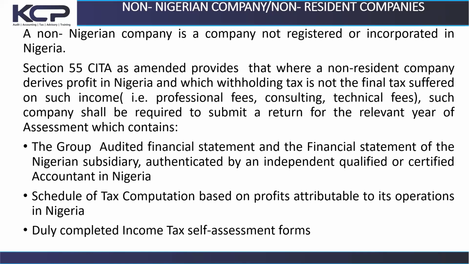Okay, let me explain again. Assuming Google does not have a business place or a PE in Nigeria. PE means permanent establishment. If they don't have the Nigerian version or Nigerian incorporated entity for Google, so let's just assume that they don't have one. Google is assumed to be a US-based company, but they have earned income from Nigeria, right? Are you with me? Yes, sir. What this section is saying is that provided what they have earned from Nigeria is not a professional fee.